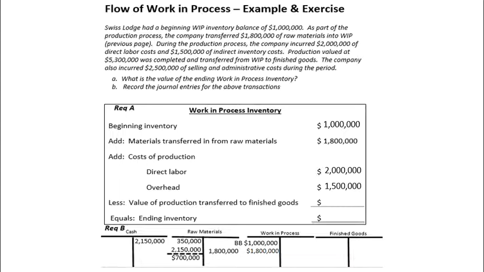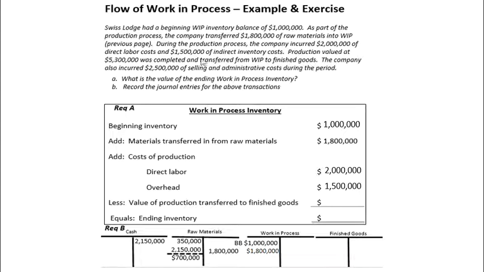Now I need to find any of the production that has been transferred out of work in process inventory into finished goods. So I read on in my problem. Production valued at $5,300,000 was completed and therefore transferred from work in process to finished goods.